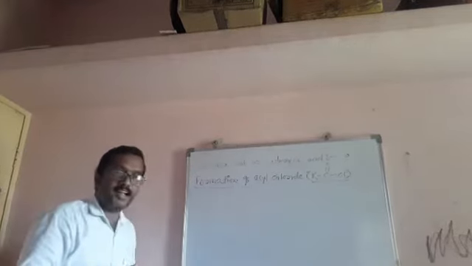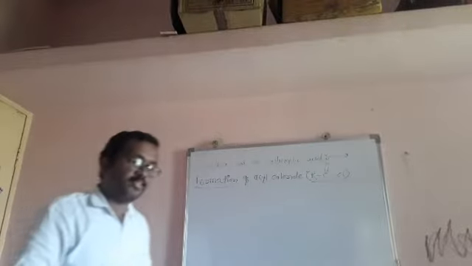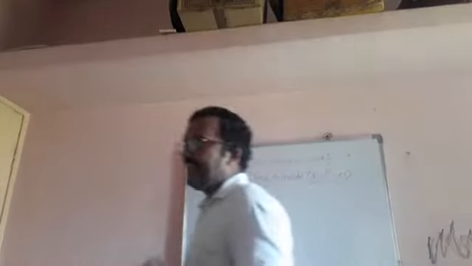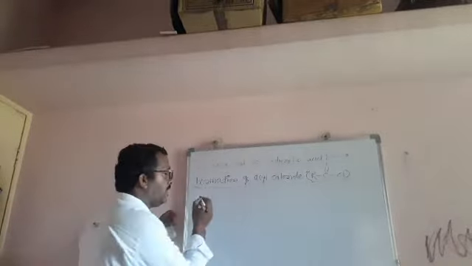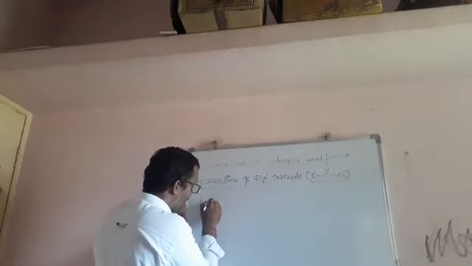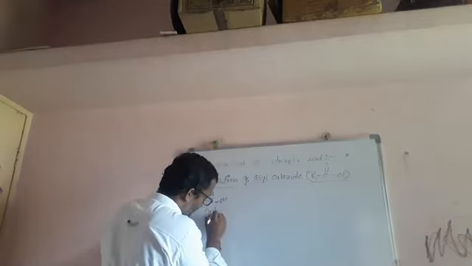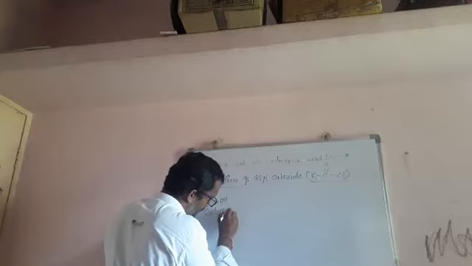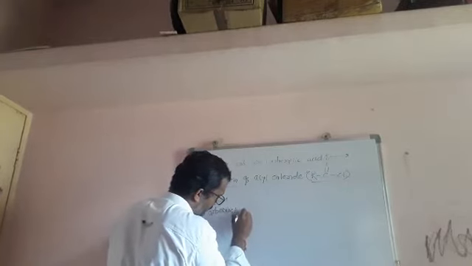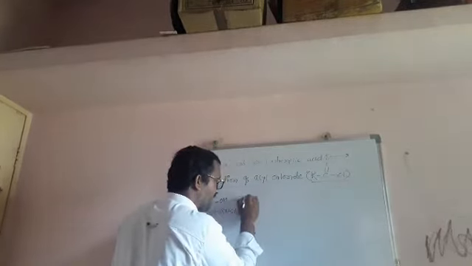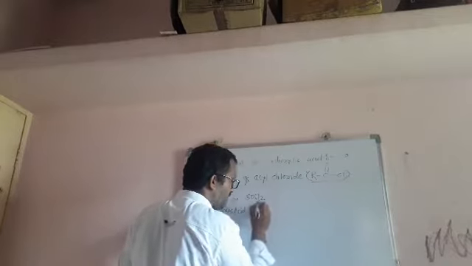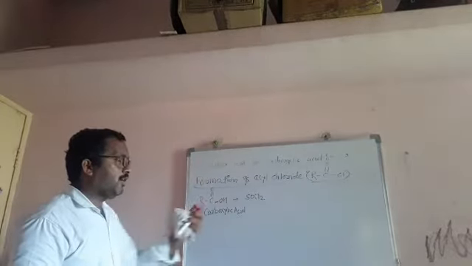When a carboxylic acid is heated with thionyl chloride, that is RCOOH, this is carboxylic acid. This carboxylic acid is heated with this SOCl2.